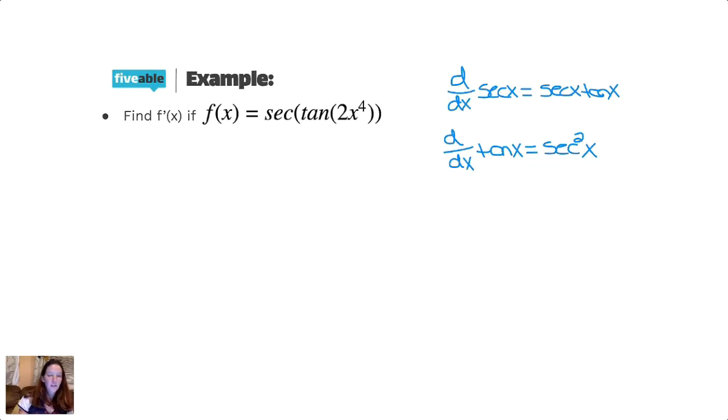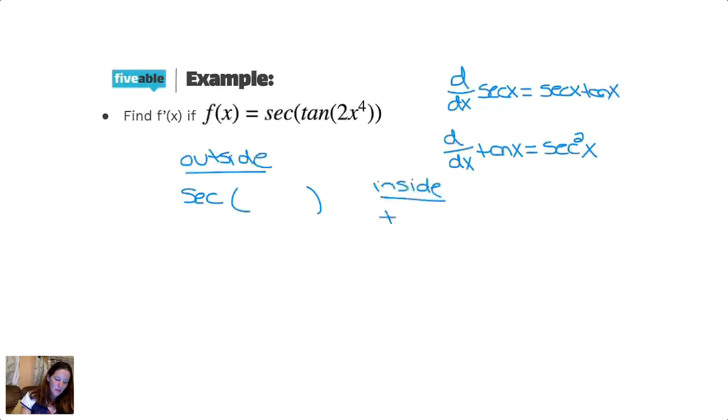Okay, so just doing a quick check-in to see where you are. The very outside function should have been secant of something. And then the inside would have been tangent 2x to the fourth.